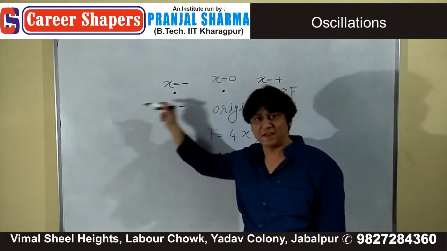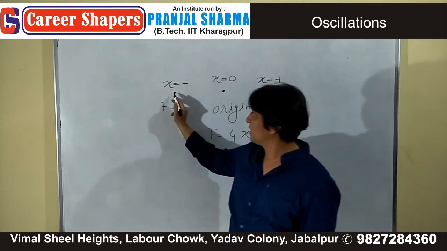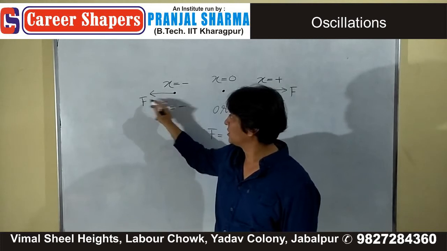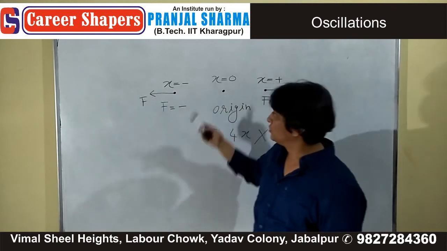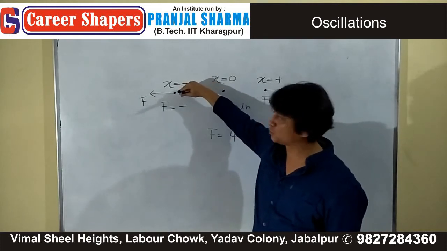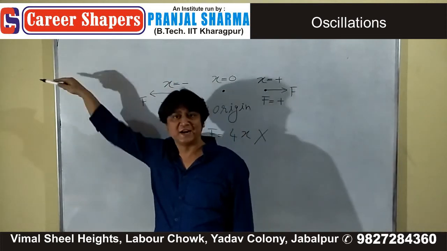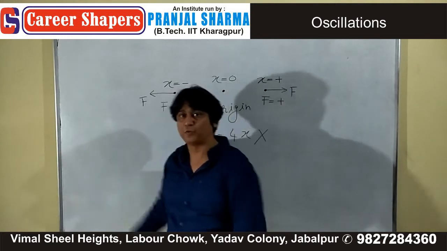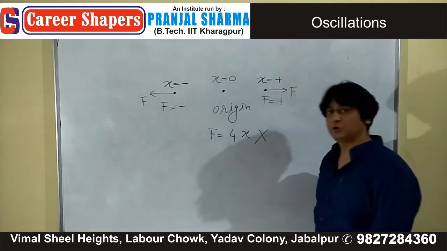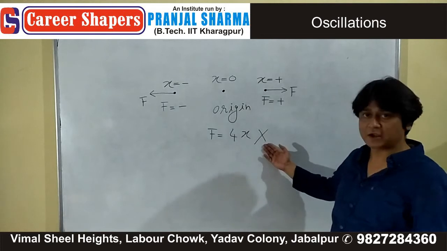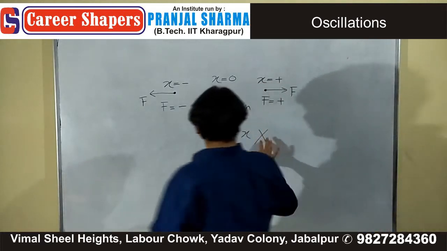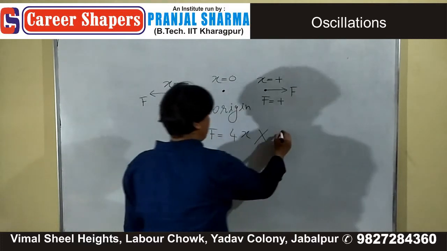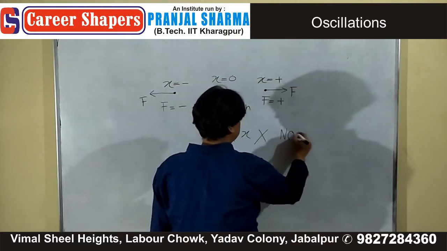Negative sign means left or west. That means force on the object is pointing towards left. This object under this force will move towards negative infinity. It will never come back, and therefore again you do not see any to and fro motion, and we say that it is not an example of oscillatory motion. Cross means no oscillatory motion.